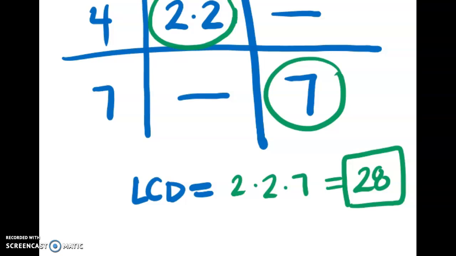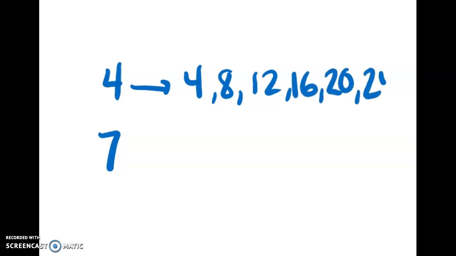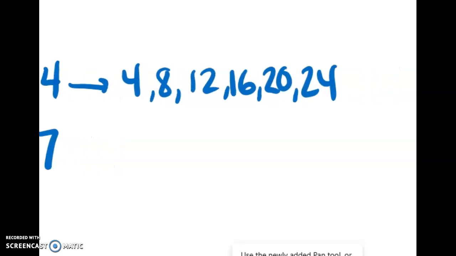The other way that we looked at these in class was we could take the two denominators, 4 and 7, and list out the multiples. 4, 8, 12, 16, 20, 24, 28. 32, and it continues on forever.